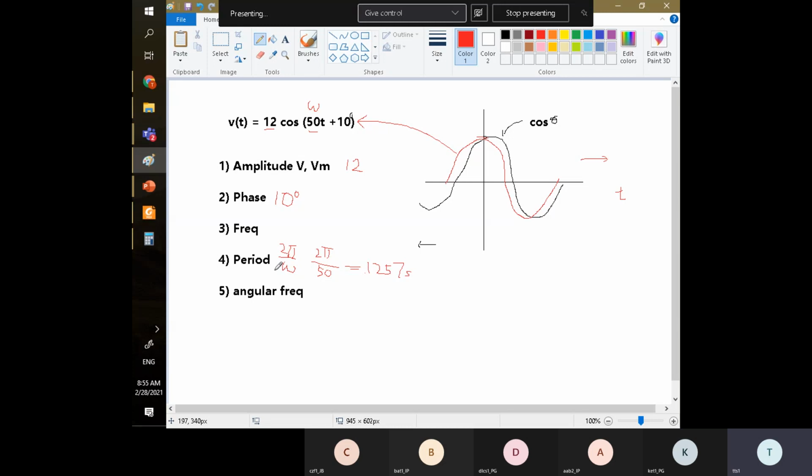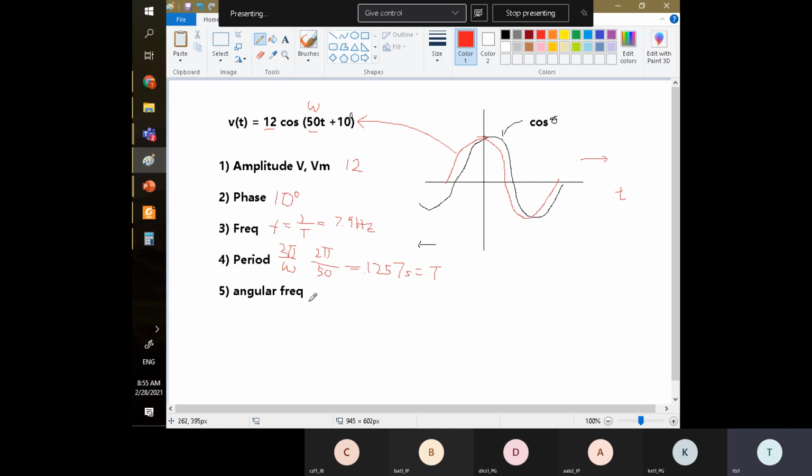Okay, if we know the period, that's the whole period here, one cycle, and then the frequency is simple. Frequency is 1 over period. So the frequency is 7.9 hertz.